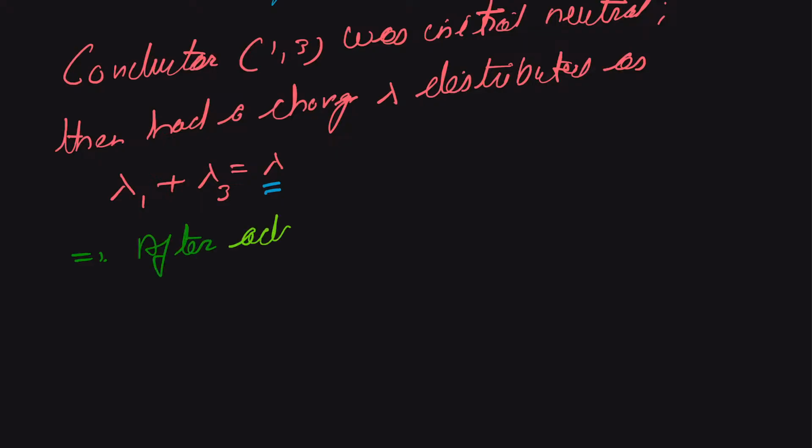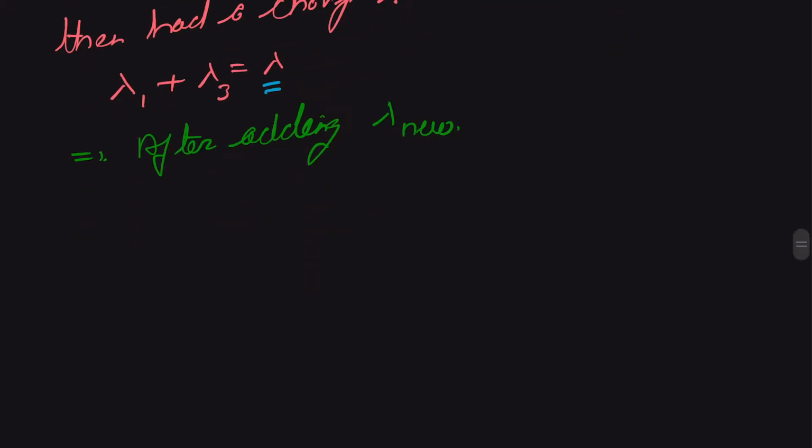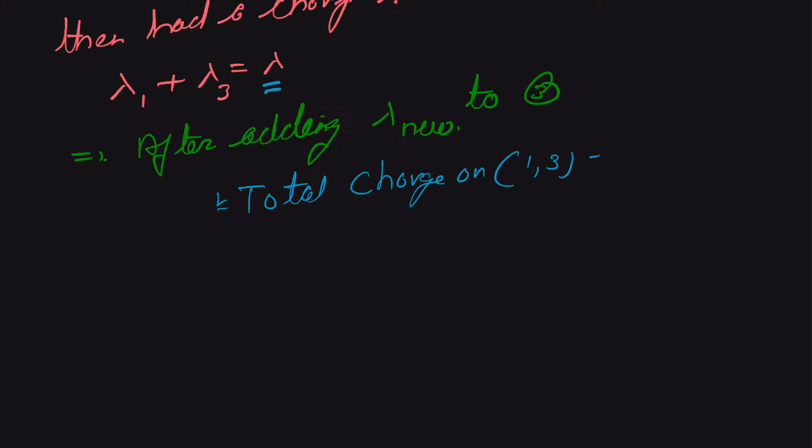After adding lambda nu to shell 3, the total charge on 1 and 3 will be equal to their initial charge plus the added one.